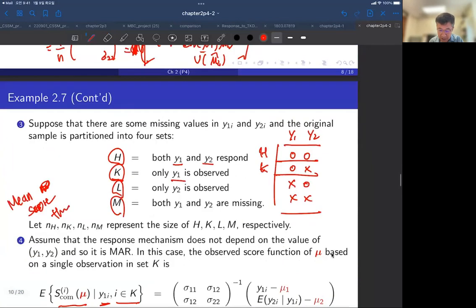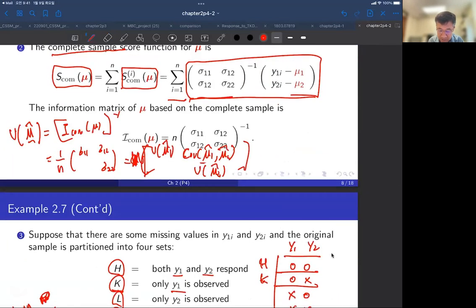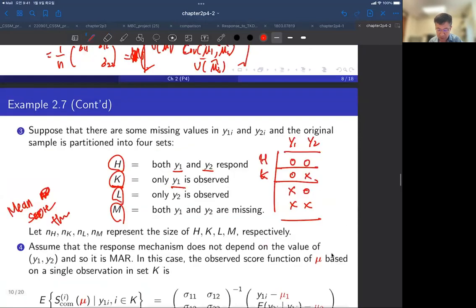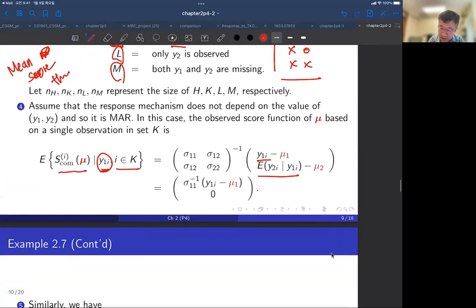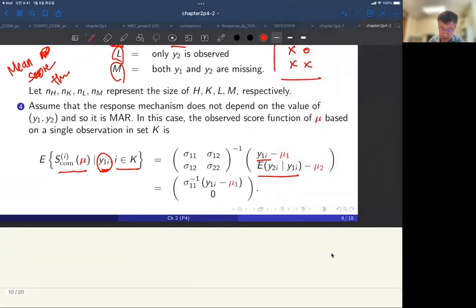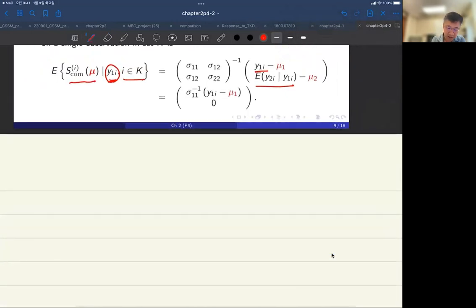It's just a linear function of Y1 and Y2. Conditional on Y1, we don't have to take the expectation of the Y1 term. The second term, we need to take the conditional expectation, right? So how do we obtain this one?